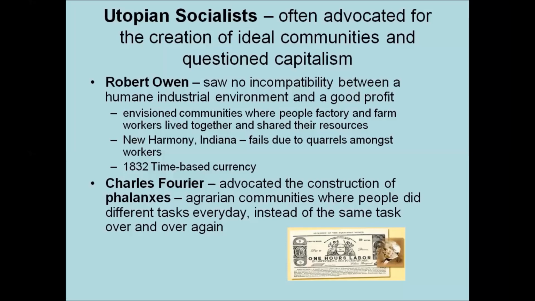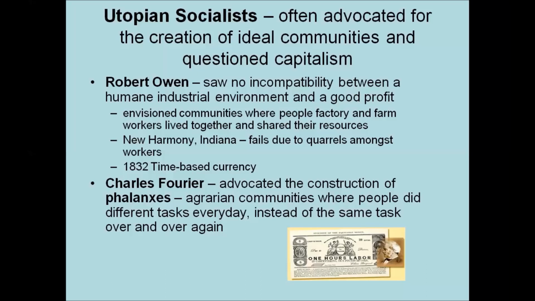So that became an issue, but there was always this idea out there that maybe you could have a better society if we could just create this perfect society. Maybe everything would be better. Charles Fourier is also going to be one of these utopian socialists, and he is going to advocate for the construction of these phalanxes, which are agrarian communities, agrarian meaning farming communities, where people did different tasks every day so they didn't get bored.